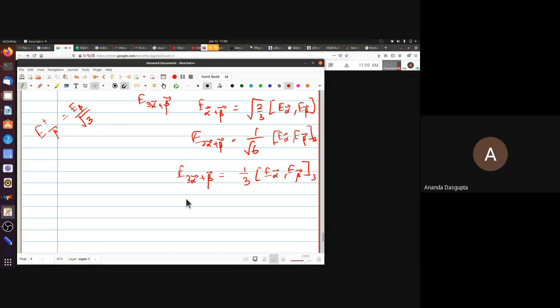This is what Georgi says. I don't agree, but that's what you need to work out yourself. And E3 alpha plus 2 beta, according to Georgi, is root 6 by 9. E beta with the triple commutator of E alpha E beta 3.